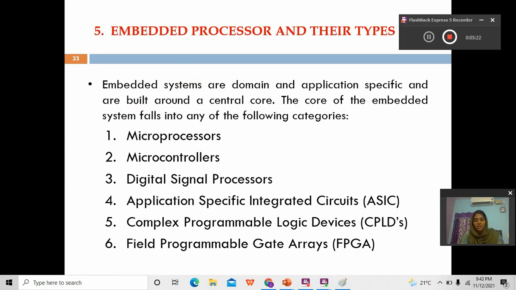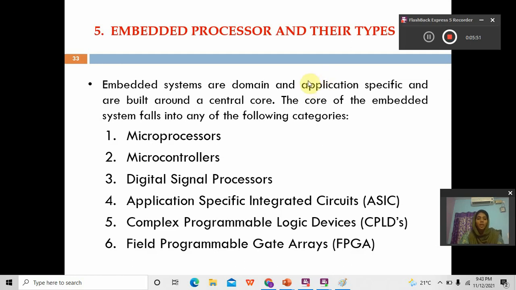First generation devices are based on microprocessors. Second generation devices are based on microprocessors and microcontrollers. Third generation devices use microprocessors, microcontrollers, DSPs and ASICs. In the fourth generation we use multi-core processors, complex programmable logic devices and field programmable gate arrays.